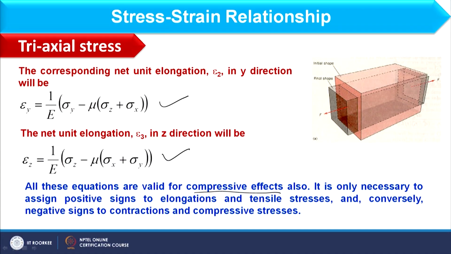It is only necessary to assign positive signs to elongation and tensile stress, and conversely negative signs to contraction as well as compressive stress. These points we need to consider when we have compressive stress and when we have a combination of tensile as well as compressive stress. Where compressive stress is there, take a negative sign for stress and strain, and in contrast take a positive sign for tensile stress as well as tensile strain.